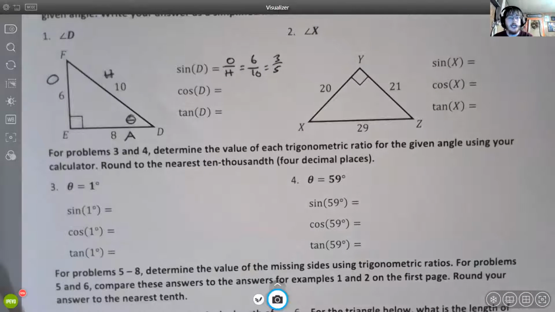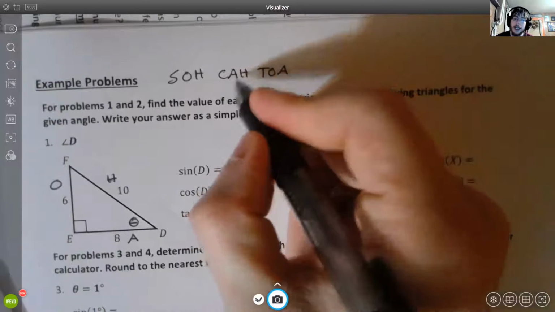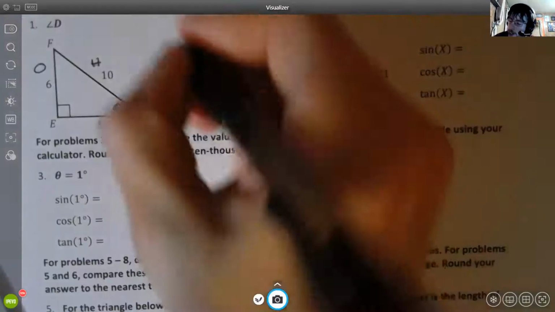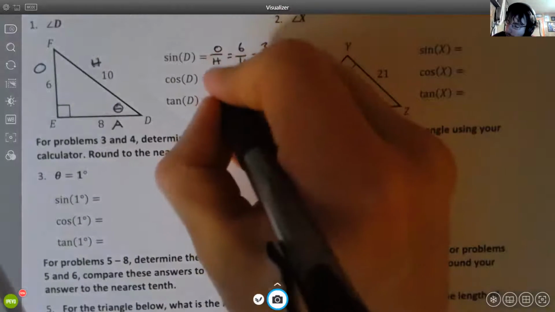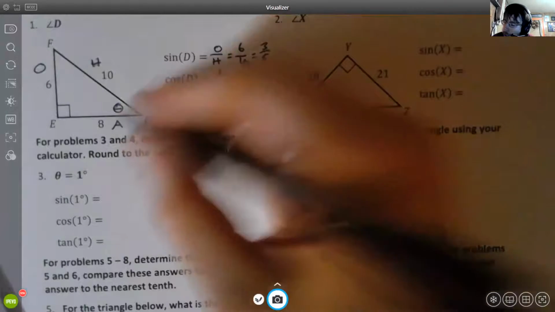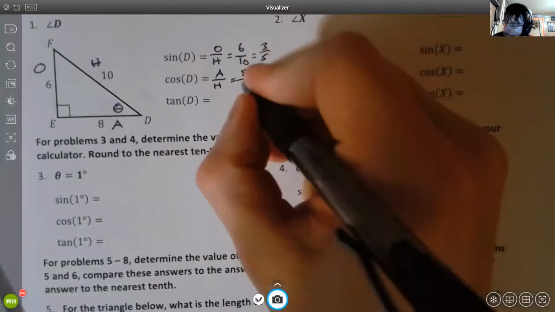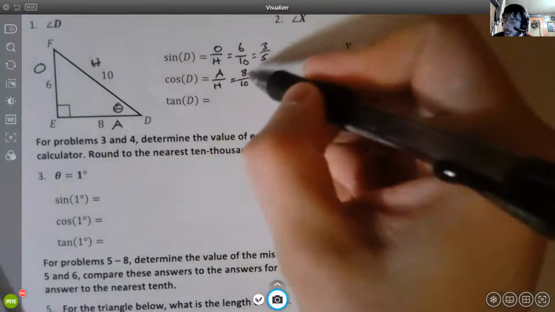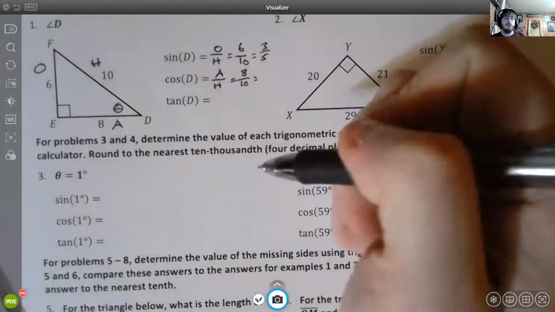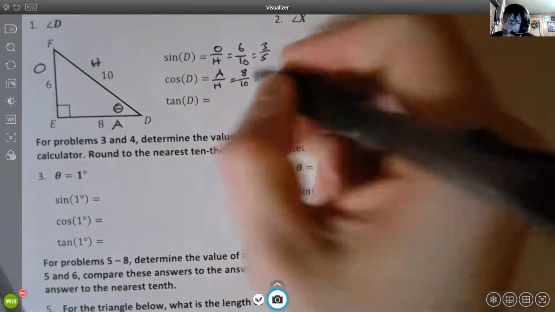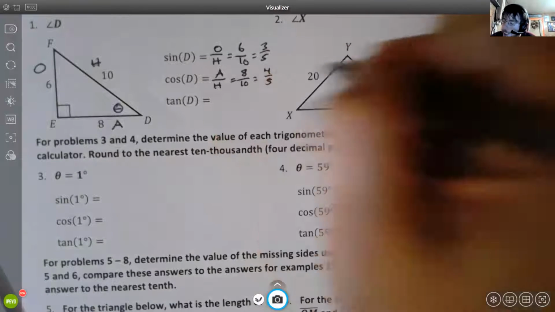Next up is cosine. Cosine is CAH, so we have A over H is cosine. Our A is 8 over our H, which is 10. 8 over 10, if you plug that into Desmos and simplify, you'll find that that's equal to 4 over 5.